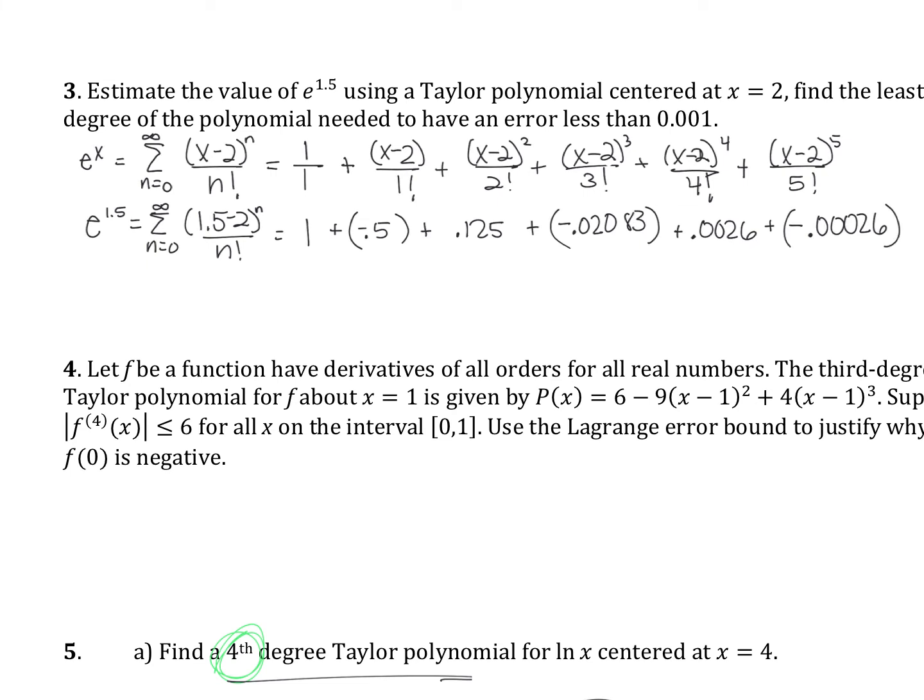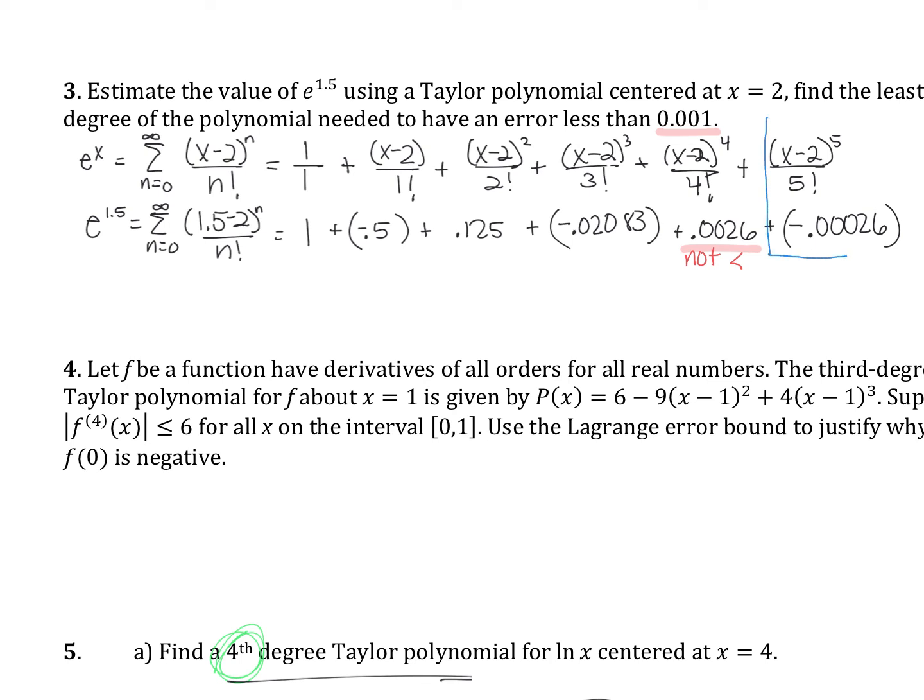Okay, the problem here is that 0.0026 is not less than 0.001. So right here we're close, but not quite, right? So that's not quite less than. And so it's on this term.